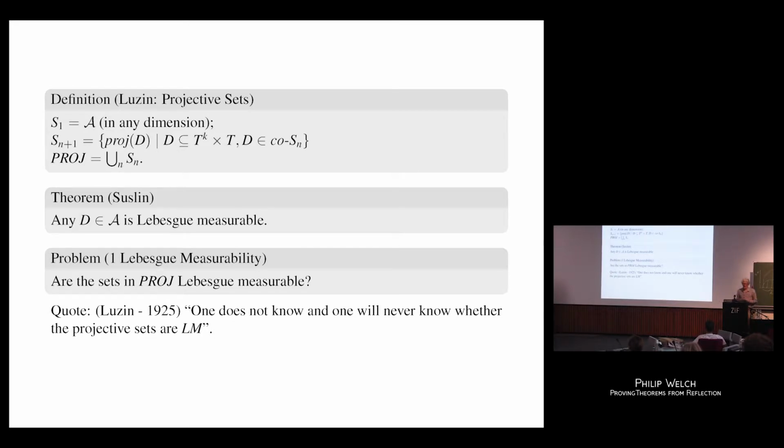Probably the reason for the pessimism was the fact that any set of reals is actually the continuous image of a Lebesgue null set. So he thought that result means that these projection operations are just kind of intractable. We won't get any handle on them, I surmise. But the pessimism was striking.